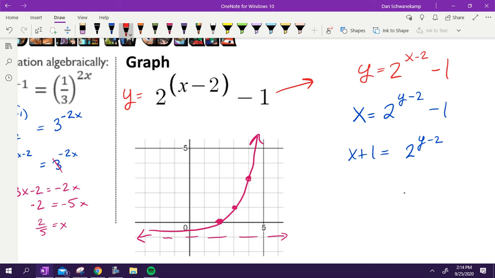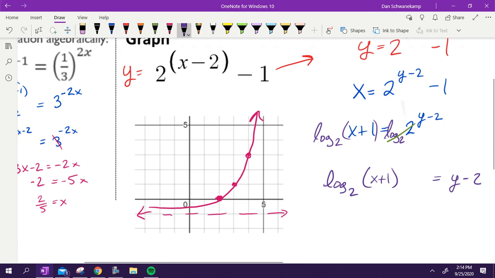Log base 2. On both sides, we are going to take the log base 2, because that is the inverse of 2 to a power. So these two things over here are going to cancel. When I take the log base 2, it's of the whole thing, so putting that in parentheses is important. So it's log base 2 of x plus 1 is equal to y minus 2.